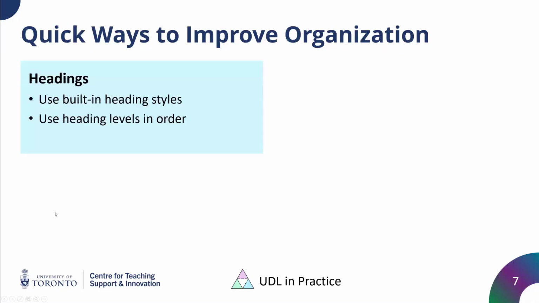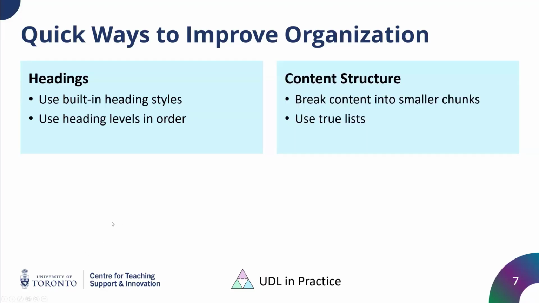First, use built-in heading styles and organize heading levels in a logical order. This helps both learners and anyone using assistive technologies understand the structure of a document or page. Second, think about content structure. Breaking information into smaller sections and using true lists can make content easier to scan and process.